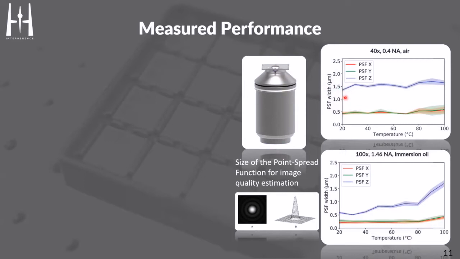For air objectives, we basically see no difference in the size of the point spread function with elevated temperatures. And for the immersion oil objective, we see a 30% increase in the point spread function size up to temperatures of 80 degrees Celsius.